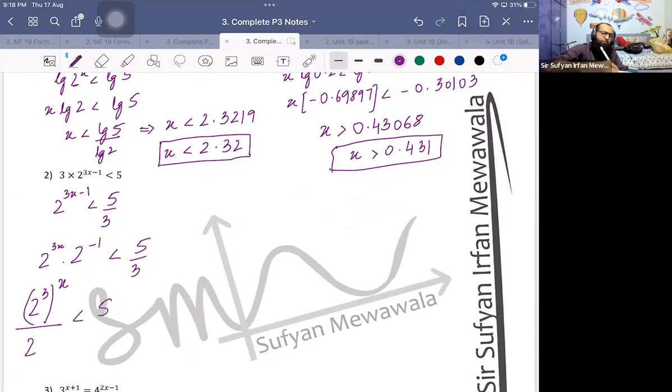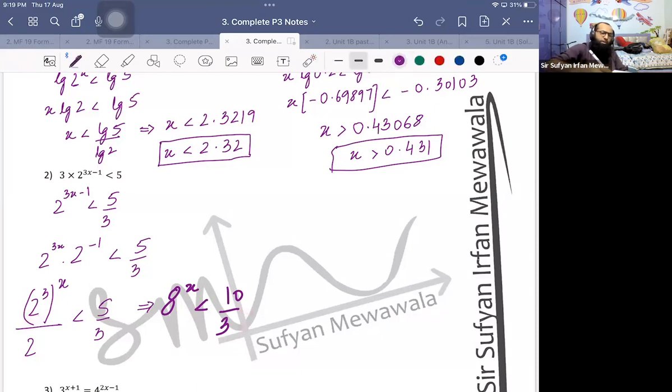Now 2 power 3 is basically 8, and this 2 will be cross multiplied. So 8 power x is less than 10 over 3.